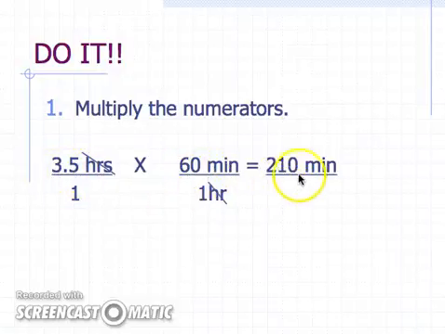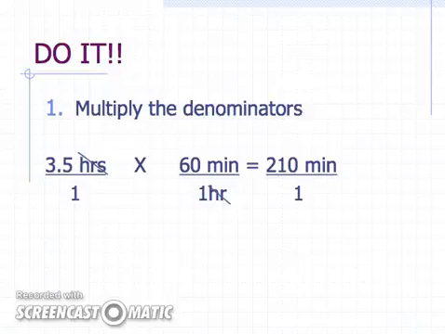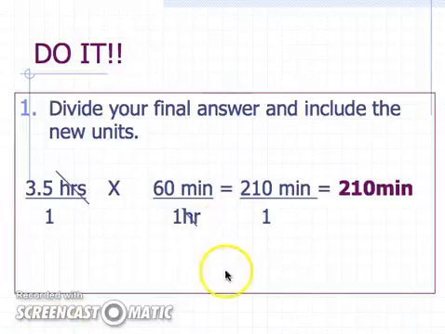Add that to 180, we get 210 minutes. Then after we multiply the numerators, we multiply the denominators. We've got 1 times 1, and that equals 1. So in our final answer, we have 210 minutes divided by 1. And once we take care of that, we have 210 minutes over 1, which gives us a final answer of 210 minutes.